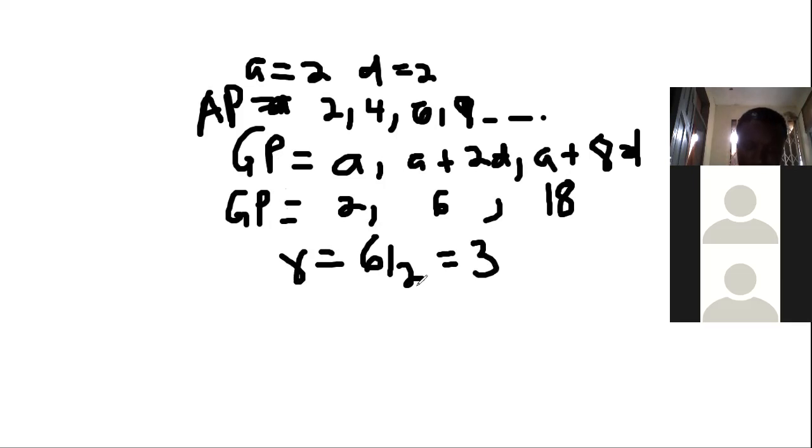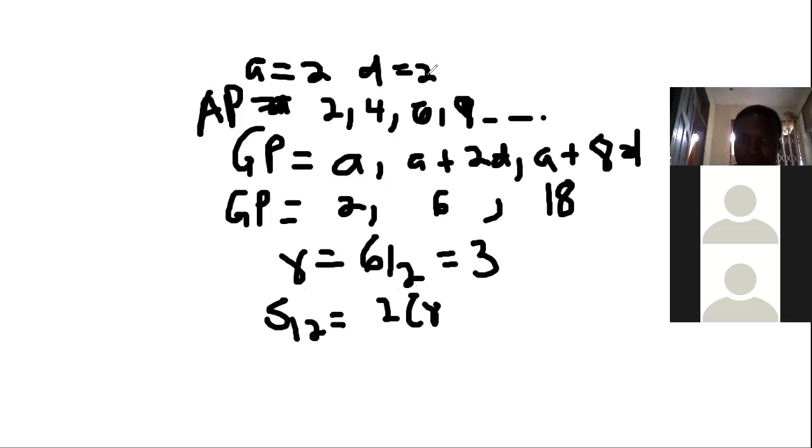So the sum of the first 12 terms will be S12 of an exponential sequence, or geometric sequence. You can see that R is greater than 1, so we can use R raised to the power n minus 1.